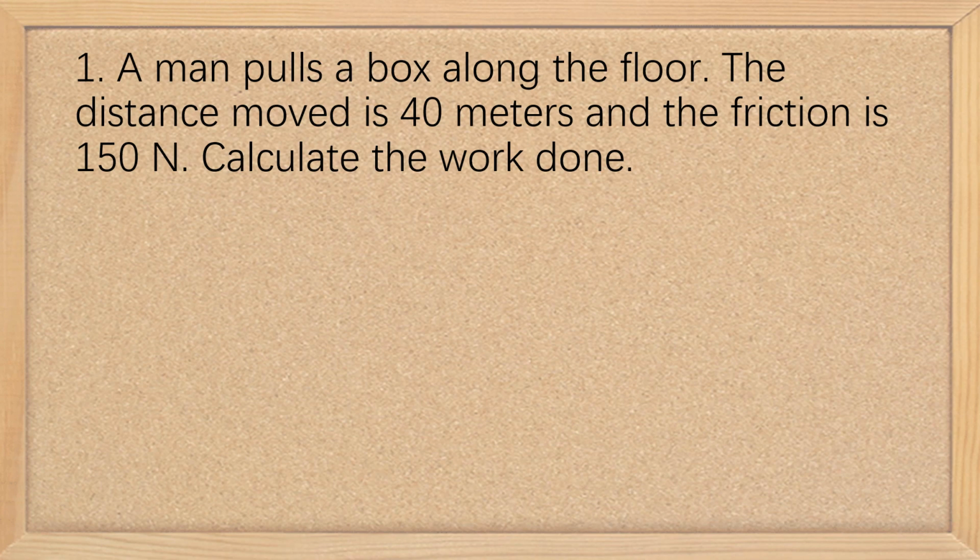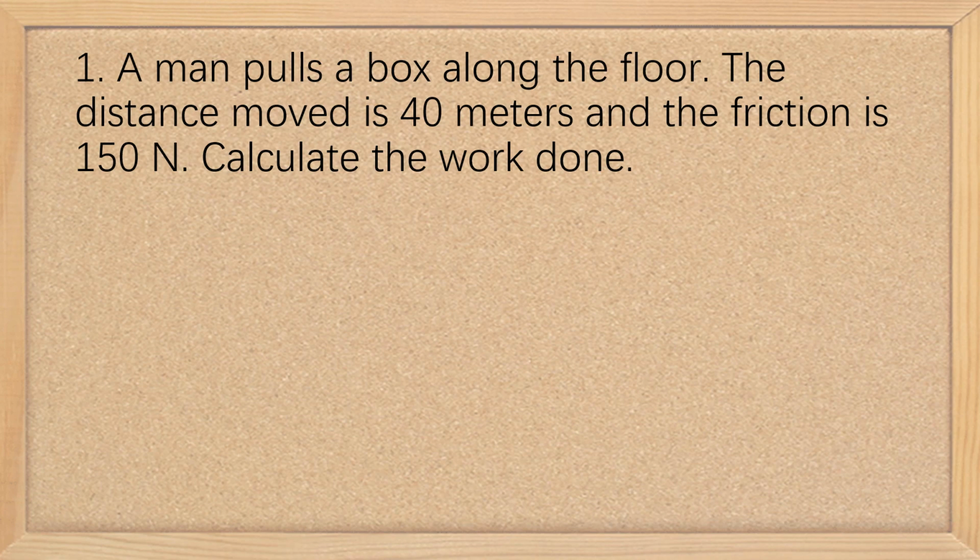Let's try to do these activities or examples in relation to your work. Let me just read number 1. A man pulls a box along the floor. The distance moved is 40 meters and the friction is 150 newtons. Calculate the work done.